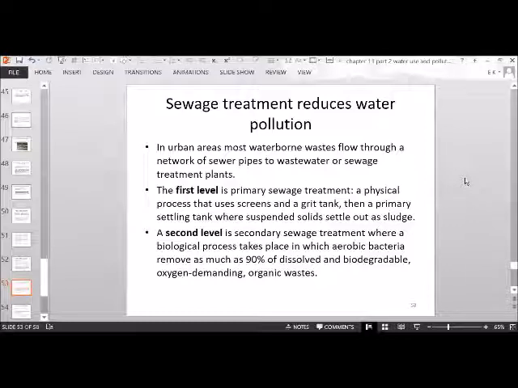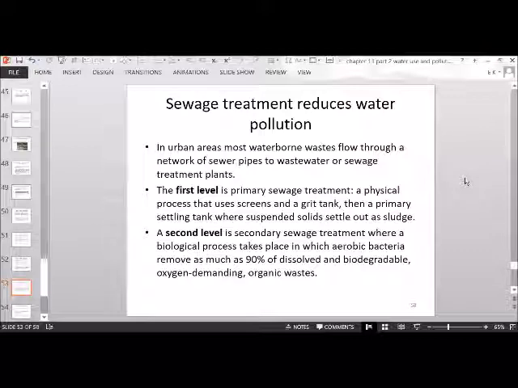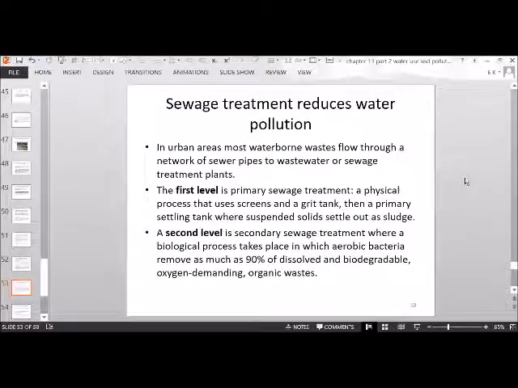A second level is secondary sewage treatment, where a biological process takes place in which aerobic bacteria remove as much as 90% of the dissolved and biodegradable organic wastes. Those are called oxygen demanding because it requires oxygen in order to biodegrade the wastes.